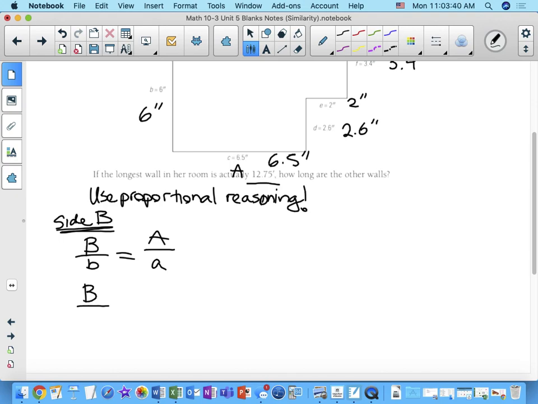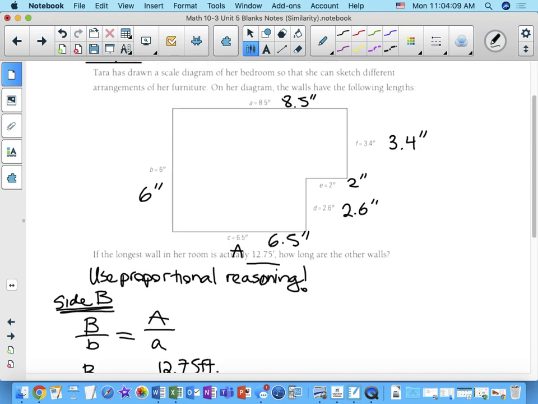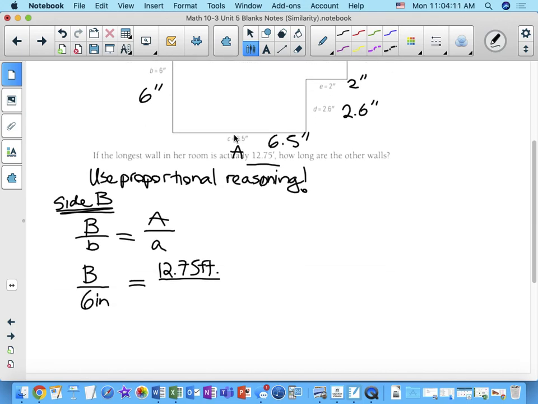But we do know what the lowercase b is. That's 6 inches. What is capital A? 12.75 feet over, what's the smaller? It's 8.5? Yes, 8.5 inches.